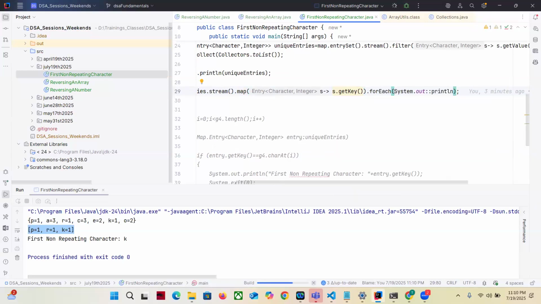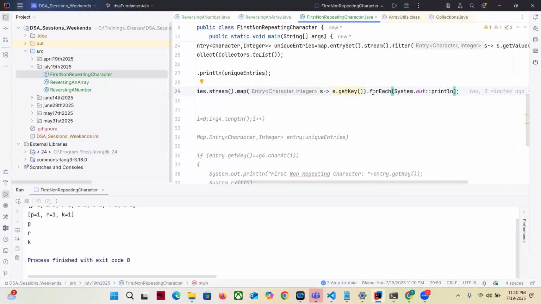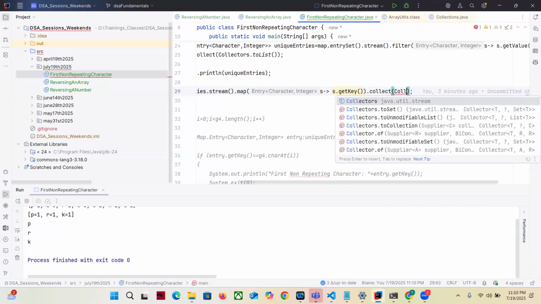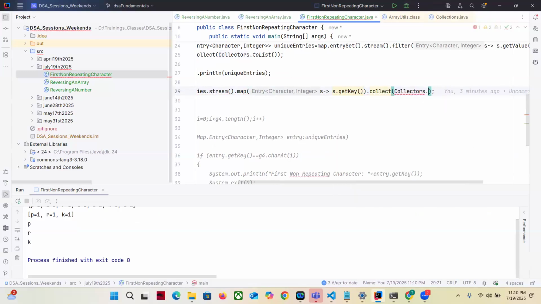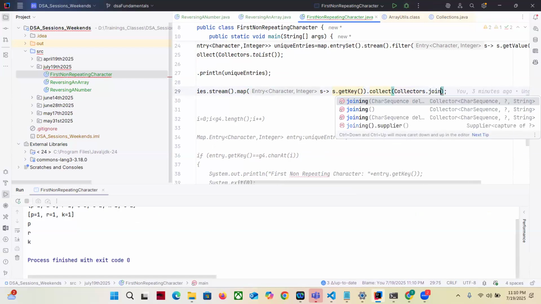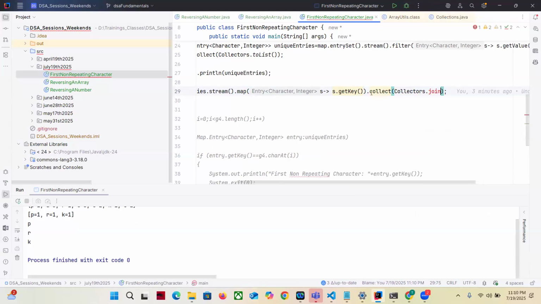Let me see what it will print for me. PRK. Okay, great.